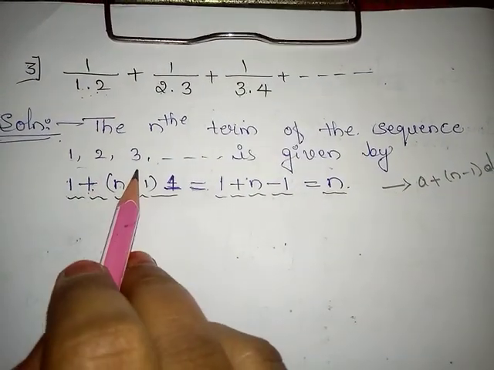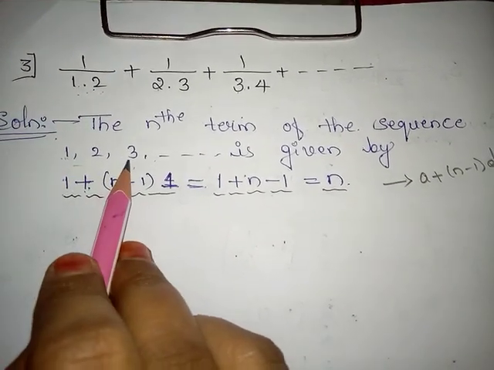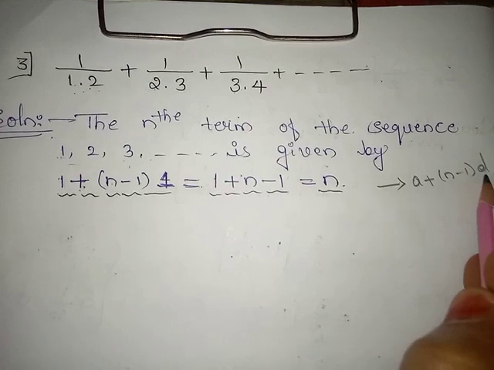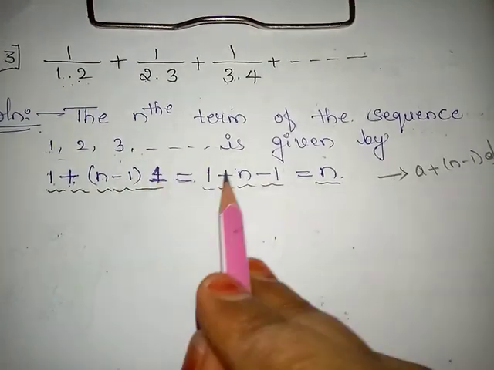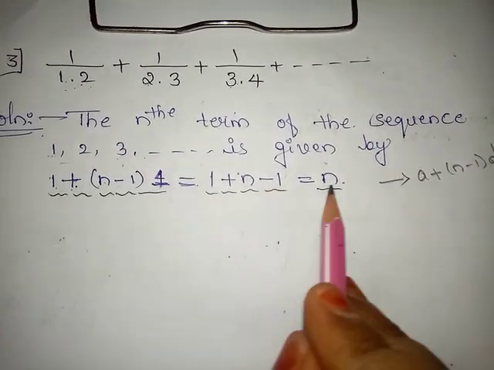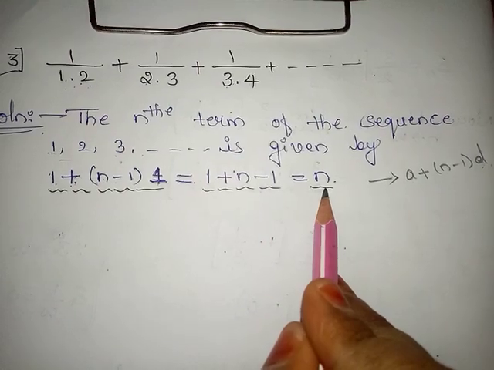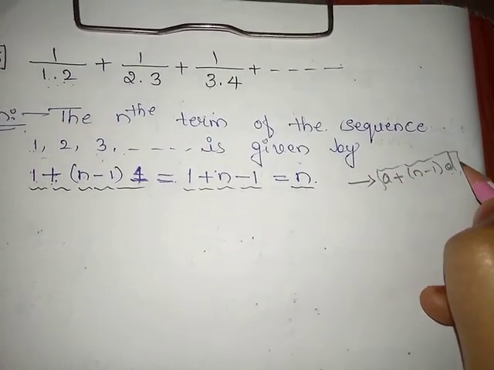In this arithmetic series, the first term is 1 and the common difference is 1. So I am taking 1 plus n minus 1 into 1, which means 1 plus n minus 1. After solving this, we get n.